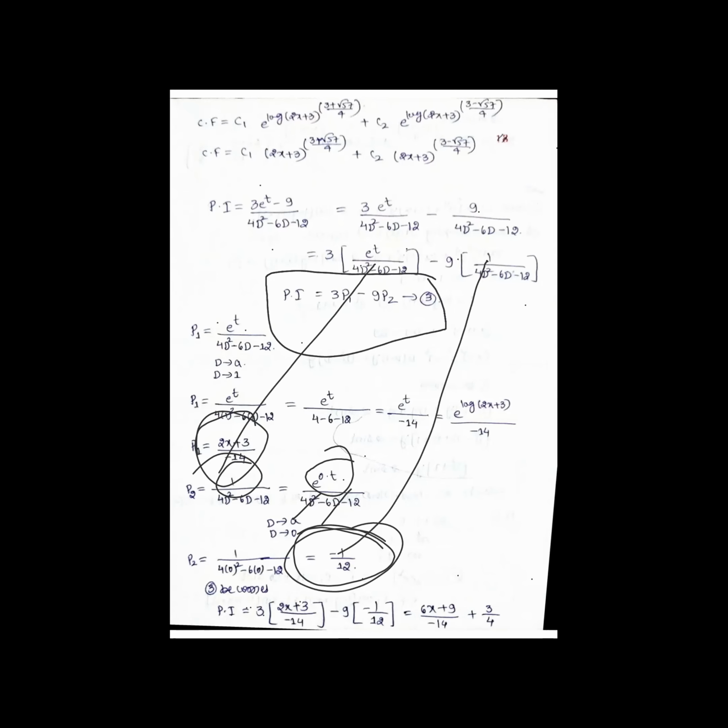So P2 is minus 1 by 12. This P1 and this P2, I'll substitute in equation 1. So 3 into P1, 2x plus 3 divided by minus 14, minus 9 into P2, minus 1 by 12. 3 3s are 9, and minus minus is plus. So this is my particular integral.